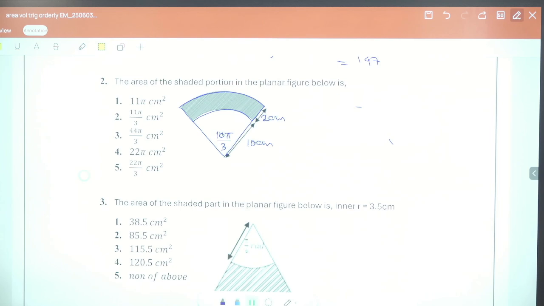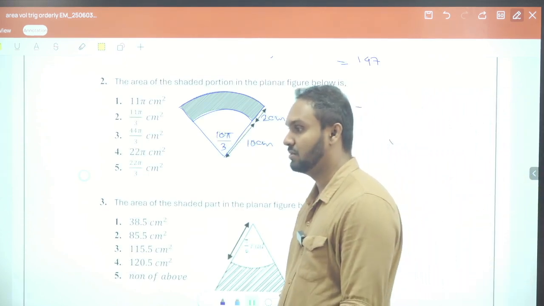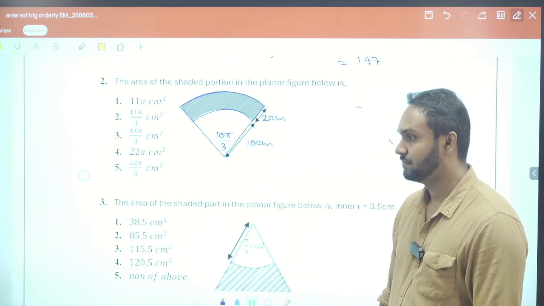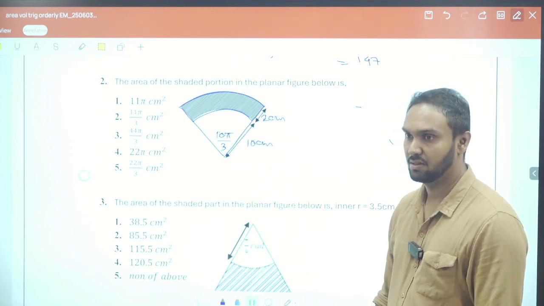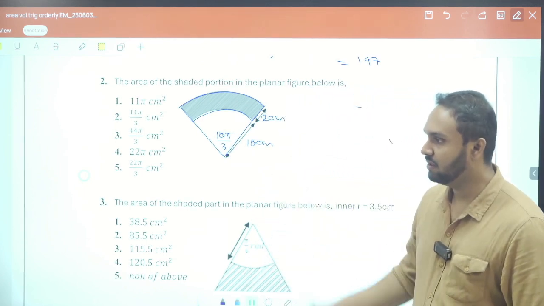So first we have to convert the radians into degrees? No, you can use the radians to find the arc length, or you can directly put into the area equation, half r squared theta, and deduct the values.